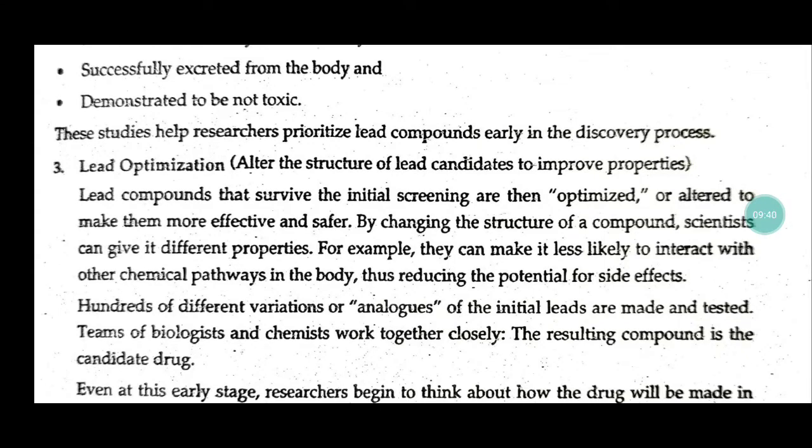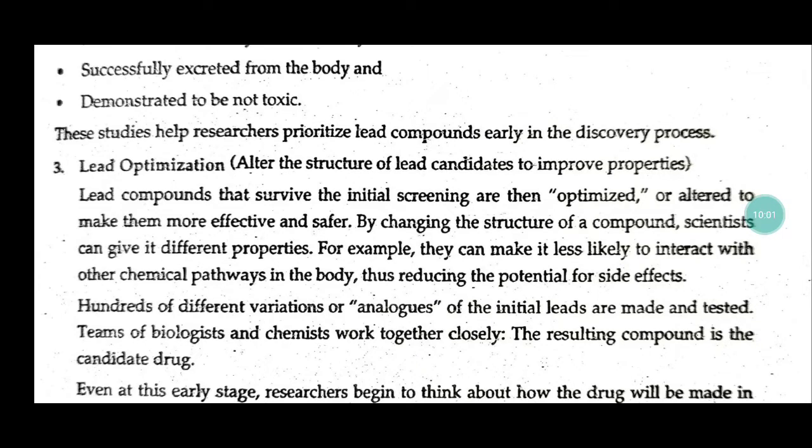And the third one, that is lead optimization. So alter the structure of the lead candidate to improve the properties. The lead compounds that survive the initial screening are then optimized or altered to make them more effective and safer. By changing the structure of a compound, the scientist can give it different properties.